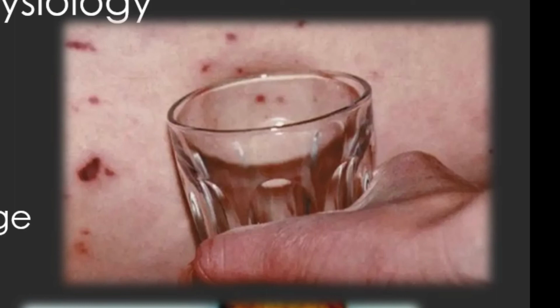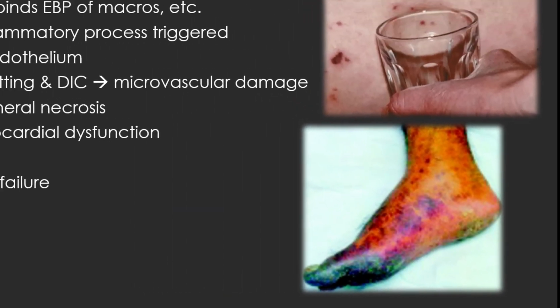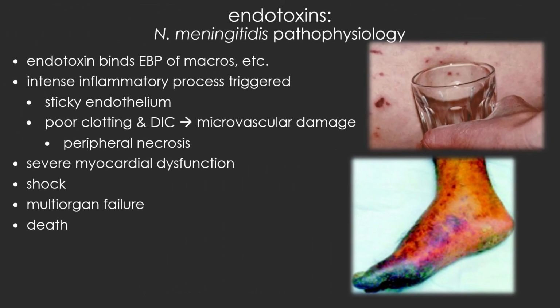Once you have damage to enough of those blood vessels, of course, that means that the tissue is not fed and the tissue dies. So you get peripheral necrosis as a result of these bleeding episodes. You'll also get severe myocardial dysfunction, shock, multi-organ failure, and this can very quickly lead to death.